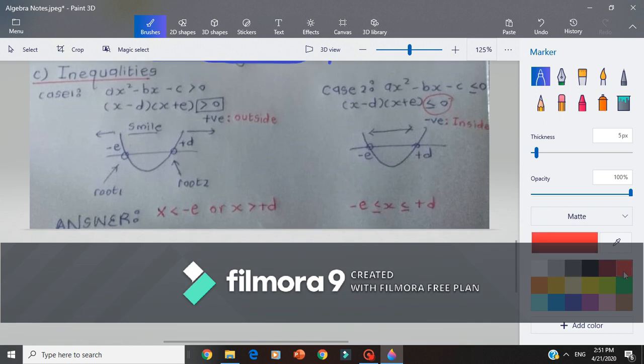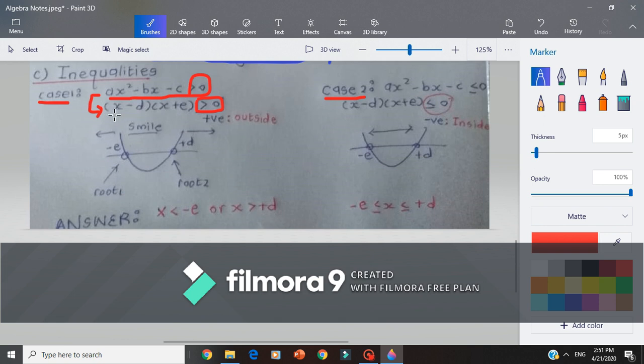Okay, and lastly, we're going to deal with inequalities. So in inequalities, we've got two cases, case 1 and case 2. Suppose in case 1 we've got the form ax squared minus bx minus c greater than 0. The next step is to try to factorize it.